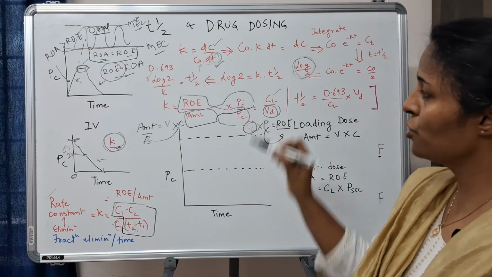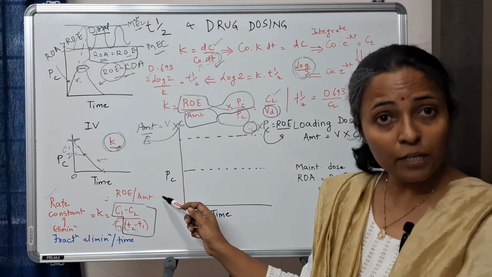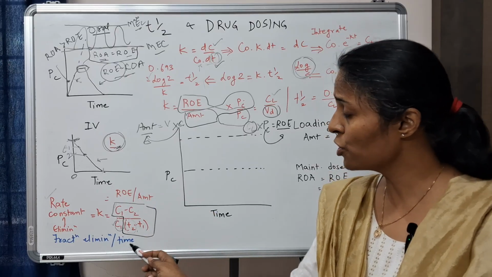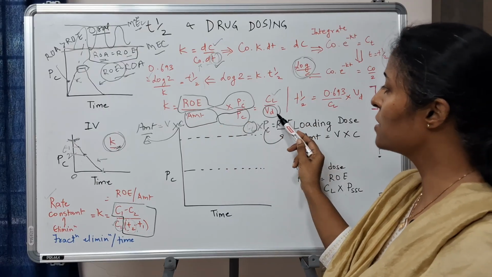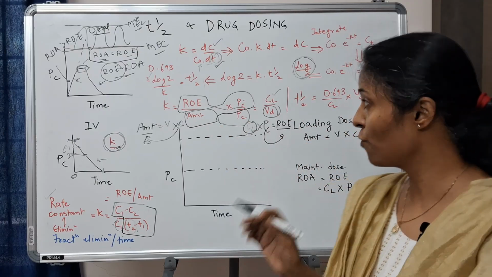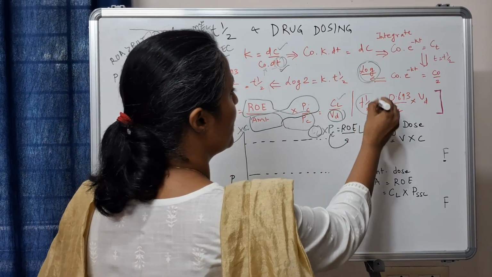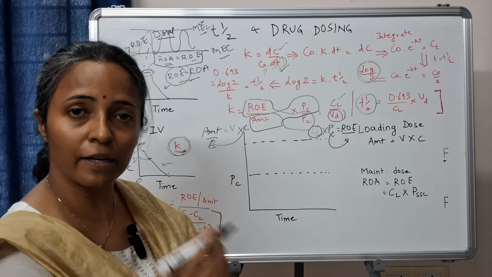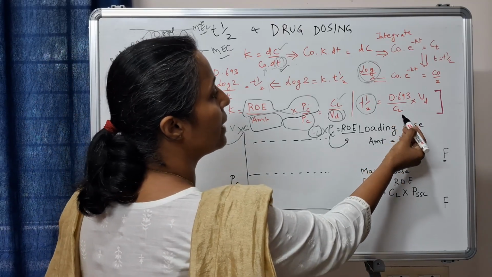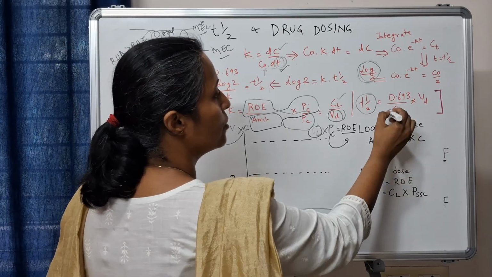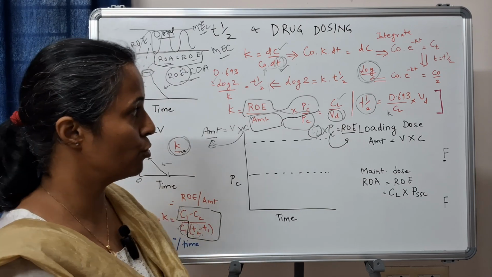Is volume of distribution. So here K, which we wrote as rate of elimination divided by amount, or fraction eliminated per unit time, we can also write now as clearance divided by the volume of distribution. So fundamentally what we are saying is that this T half, which we had written as 0.693 divided by K, we can now rewrite as 0.693 divided by clearance multiplied by VD, because K is equal to clearance divided by volume of distribution.